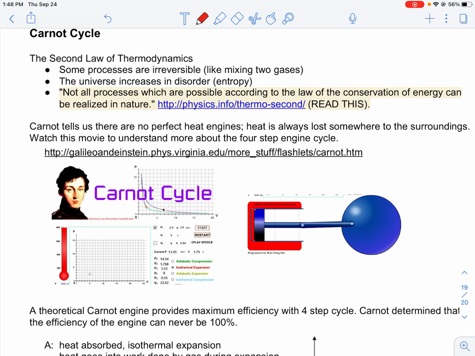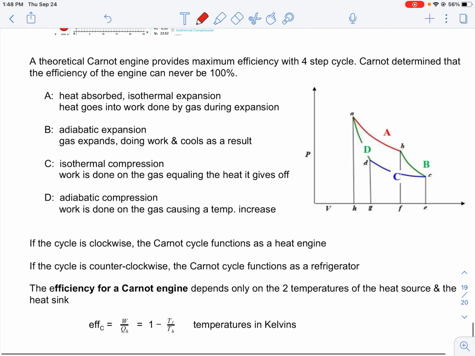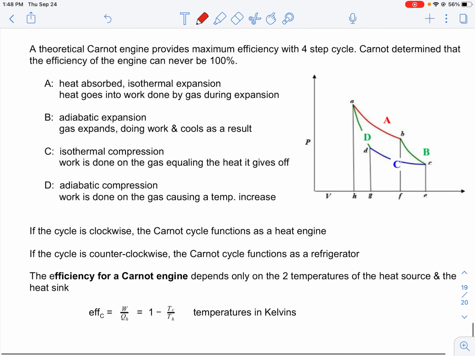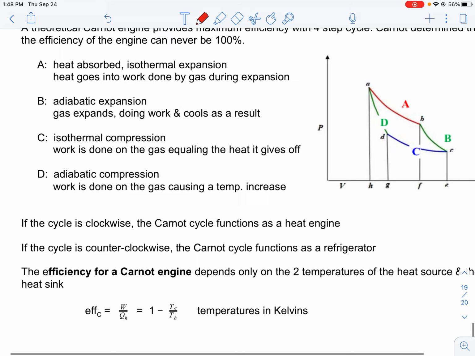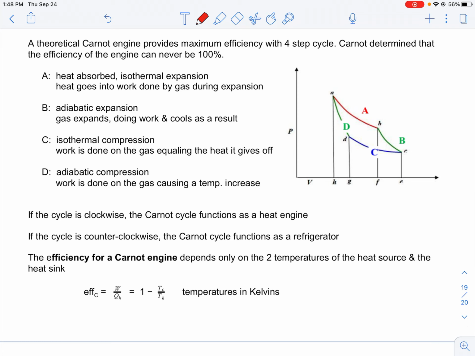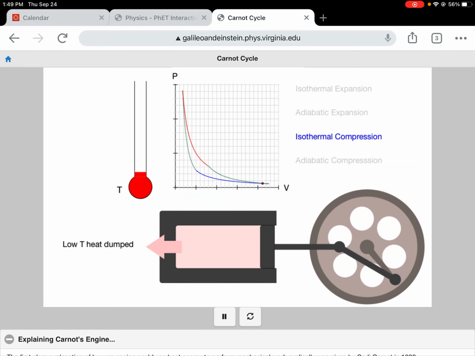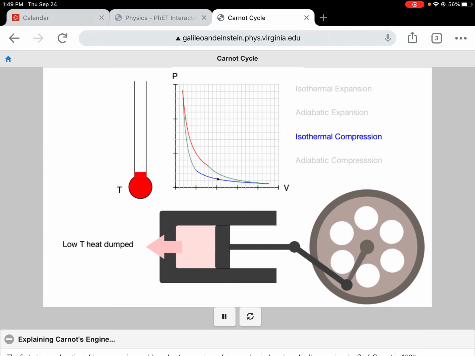Heat is always lost somewhere to the surroundings. So a theoretical Carnot engine tells us what the maximum possible efficiency can be for an engine, and it's the same formula that we just went through. That's the best possible efficiency that we could get. But in reality, we usually lose even more energy to friction.